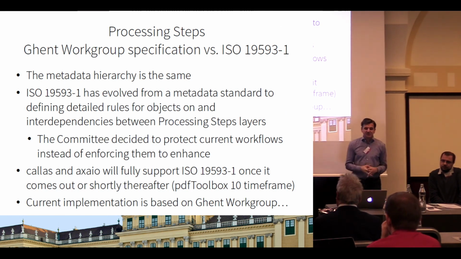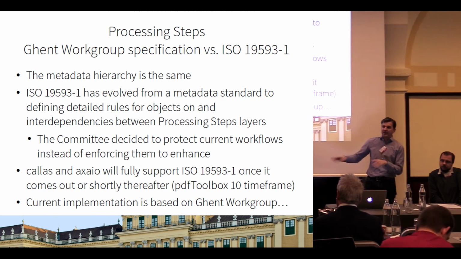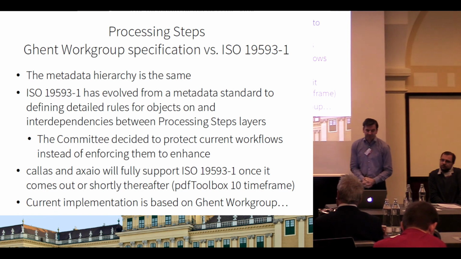So to summarize this a little bit, the most important part of the standard is the same in Ghent Workgroup as well as in ISO, and that is the metadata hierarchy.